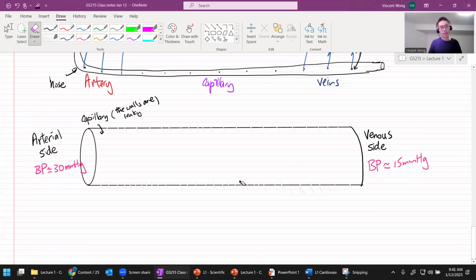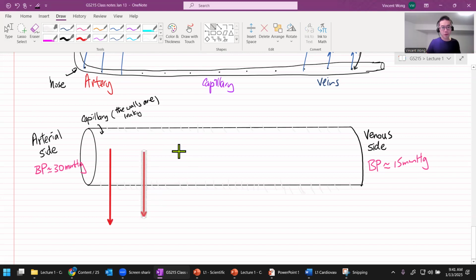The numbers don't really matter too much. You don't have to memorize them per se, but understand that it's higher on one side and lower on the other side. And so we are going to have more of a push on this side, higher blood pressure, pushing fluid out of the capillary.